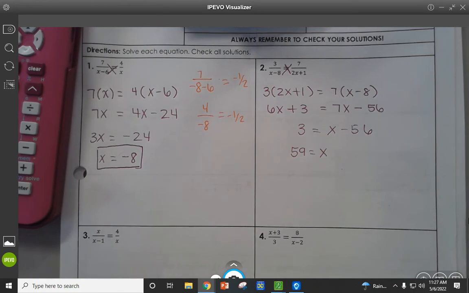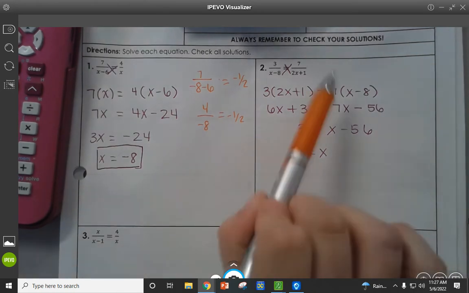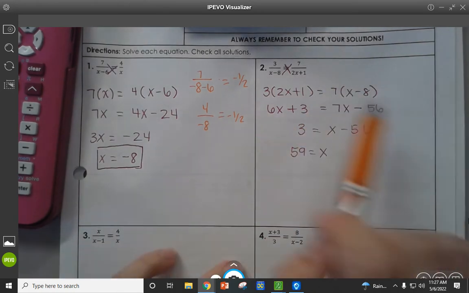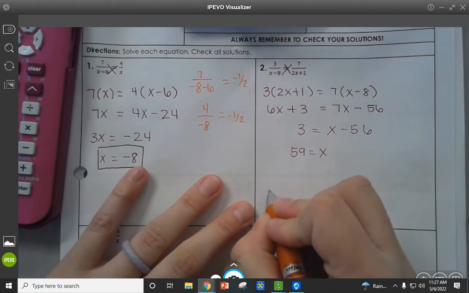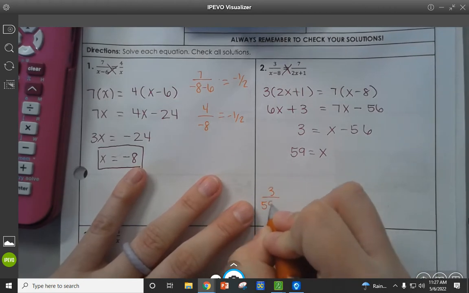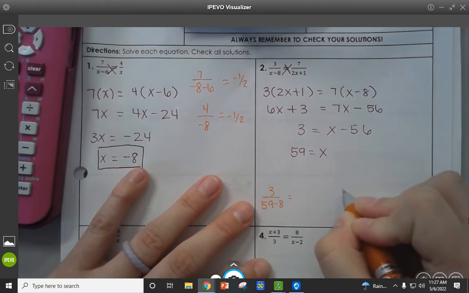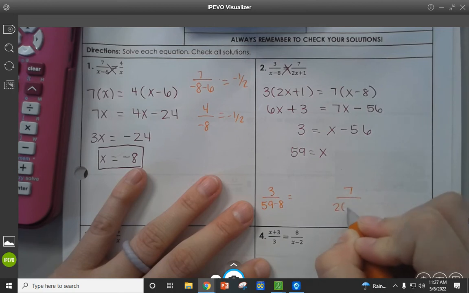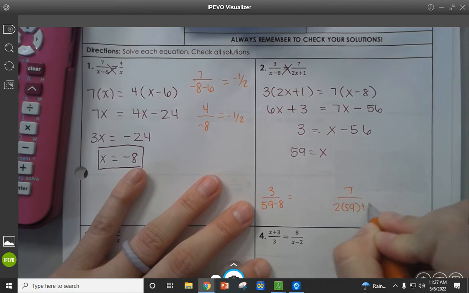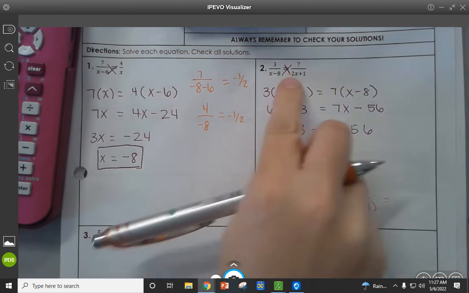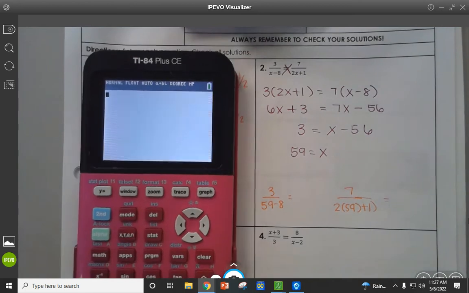And then you need to check your answers. I want you to show that you've checked on here. So I'm going to type in both of those to see if they're equal to each other.